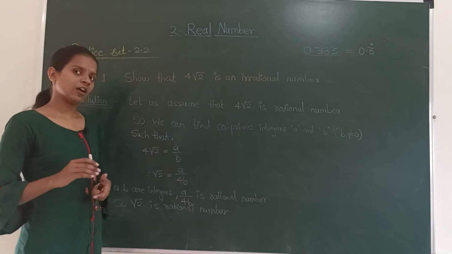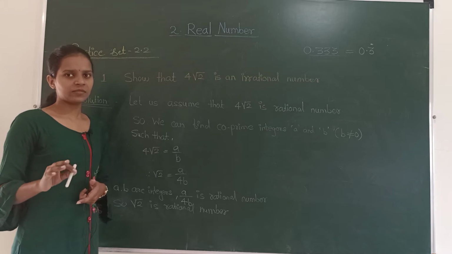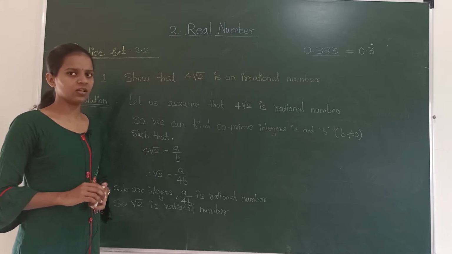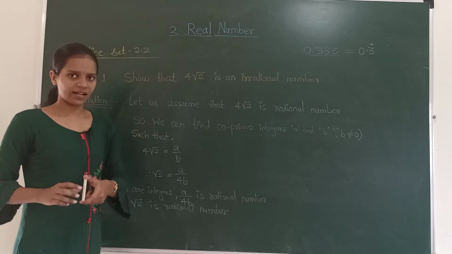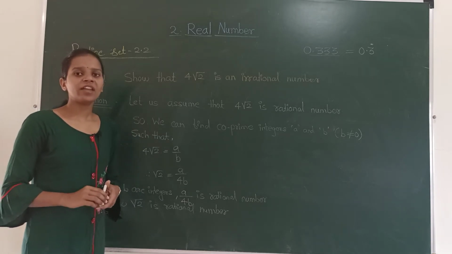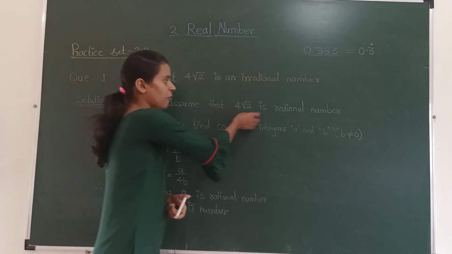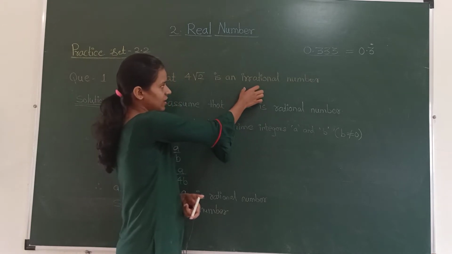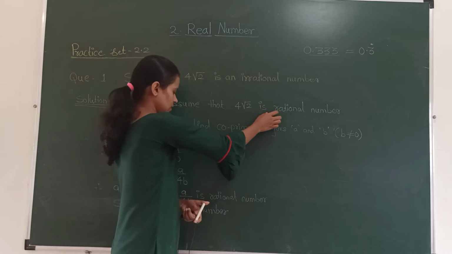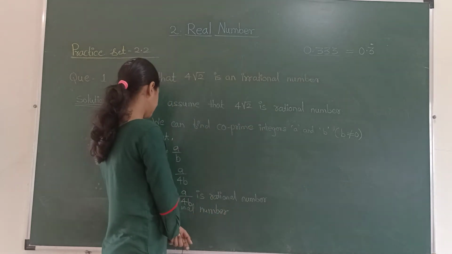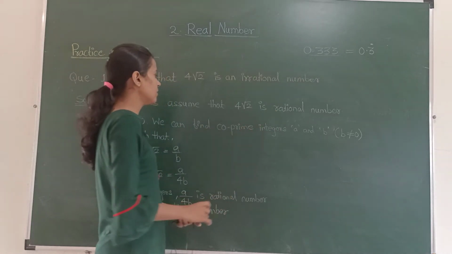You might have seen it in some theorems, like in the chapter circle, where you prove some theorems indirectly. It means we have to assume the opposite. We have to show it is an irrational number, so we assume it is a rational number.